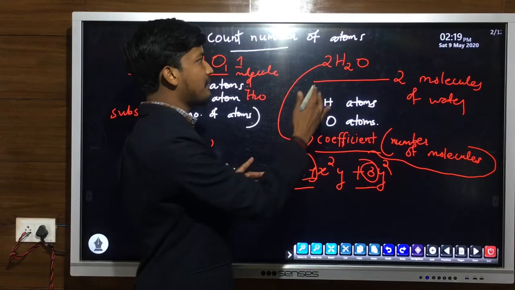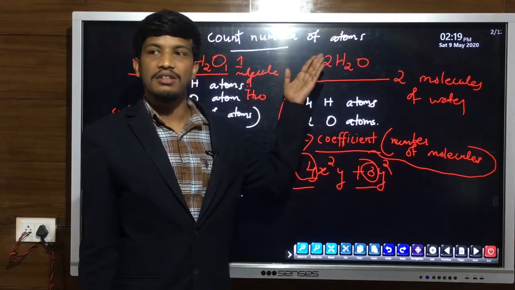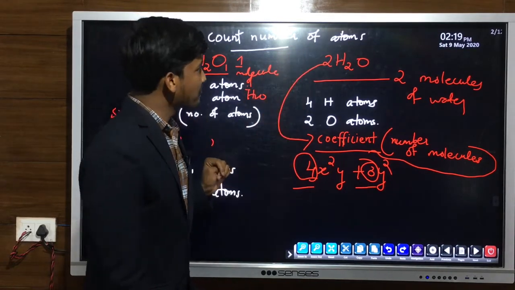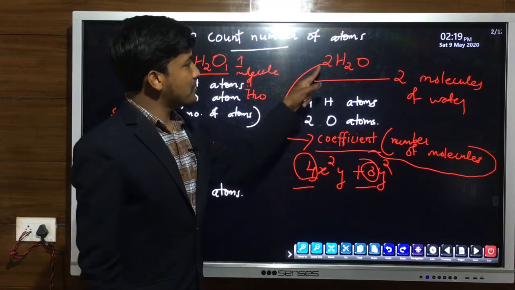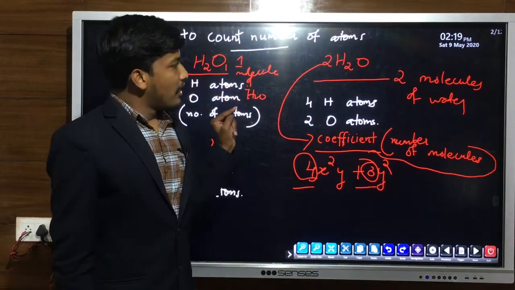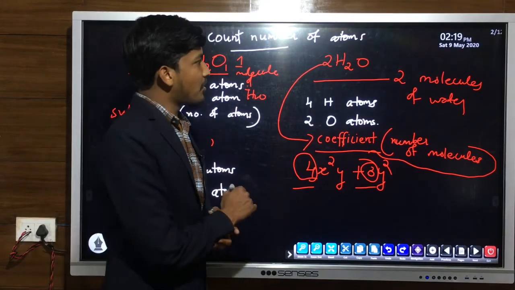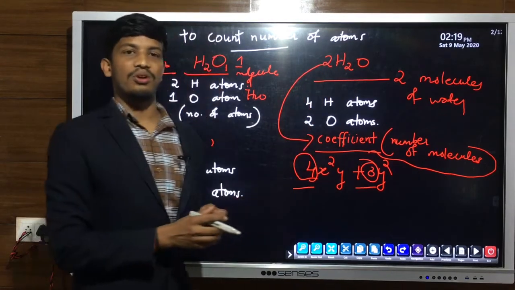Coefficient, we write before the chemical formula of a compound. Coefficient can be 2, 3, 4 and even fractions. Now in this case the coefficient is 2. So when you count the number of atoms of elements in 2H2O, we have to consider the 2 also.